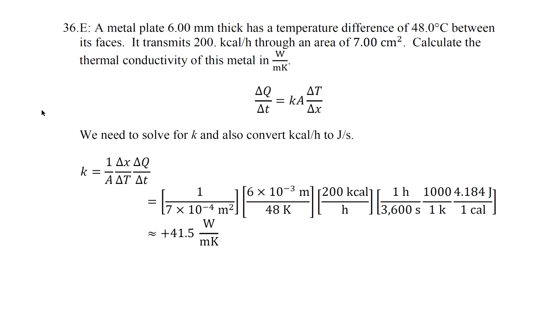Question 36: a metal plate 6 millimeters thick has a temperature difference of 48 degrees Celsius between its faces. It transmits 200 kilocalories per hour through an area of 7 centimeters squared. Calculate the thermal conductivity of this metal in watts over meters Kelvin. So they want us to solve for K. Here we solved for K, and we also converted kilocalories per hour to joules per second.